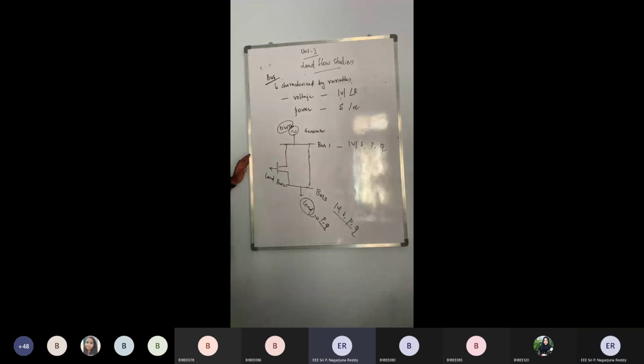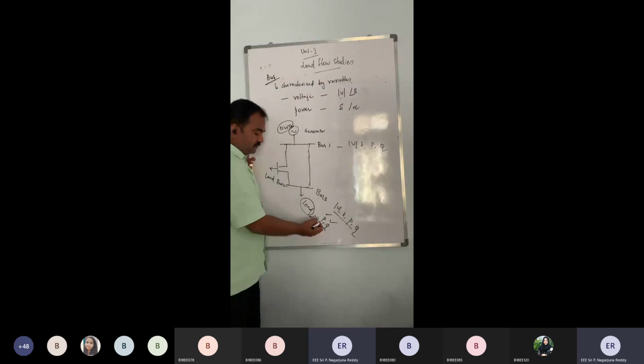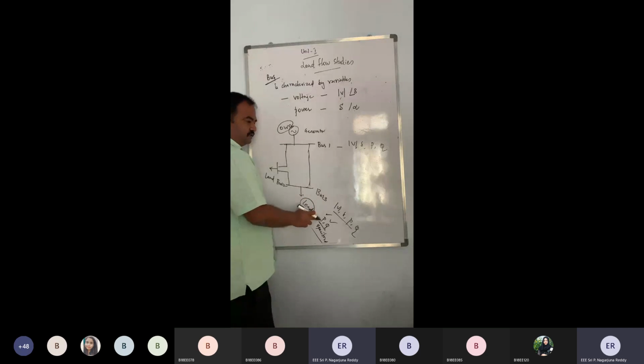So my parameters depend only on P and Q. I will directly say, I want this P, I want this amount of Q. So at load, most of the times, P and Q are specified by all the loads. They specify this is the amount of active power which I need, this is the amount of reactive power which I need. That's why load buses are characterized by two specified variables. Those are P and Q.